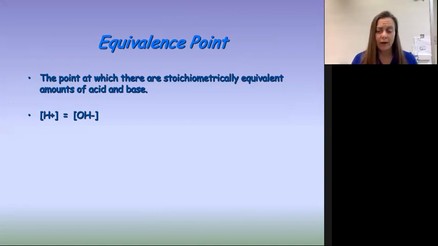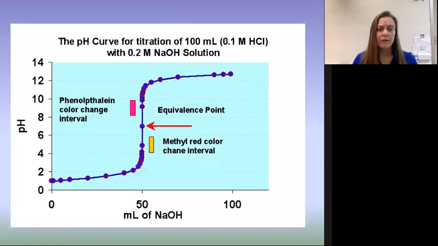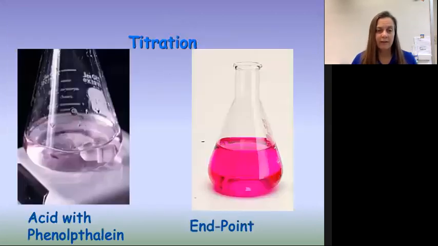Okay, so how do we know when we reach that point? Well, we're going to use some sort of an indicator. So our indicator is going to change color when we hit that equivalence point. So if we use something like phenolphthalein, it's clear when it's in an acidic solution, and it is pink when it is basic.